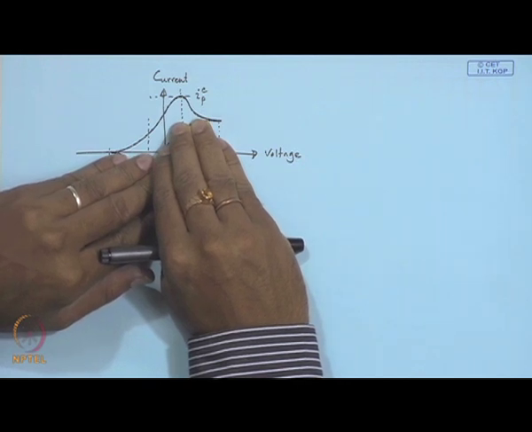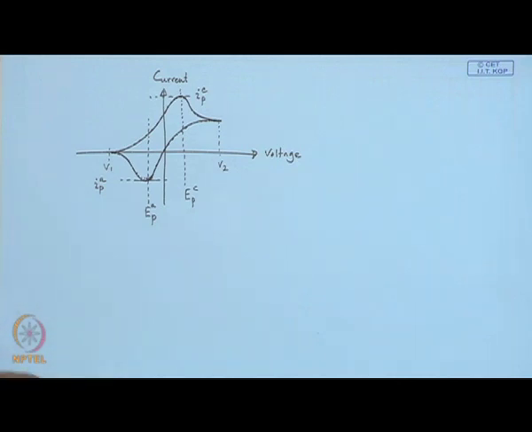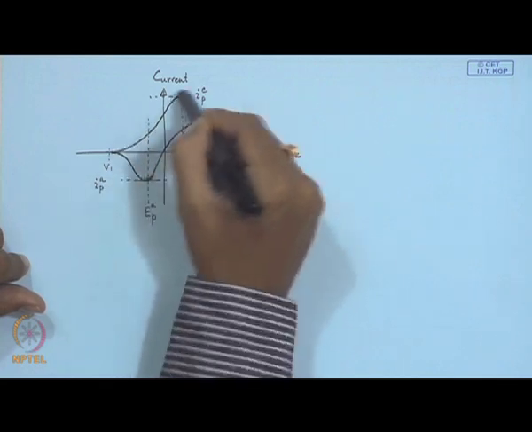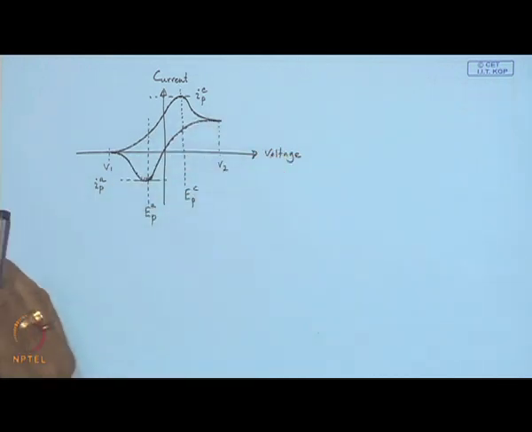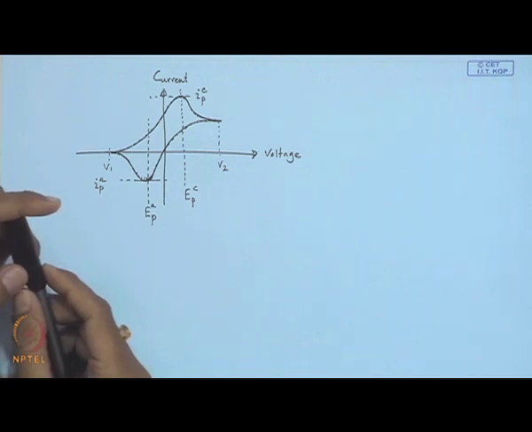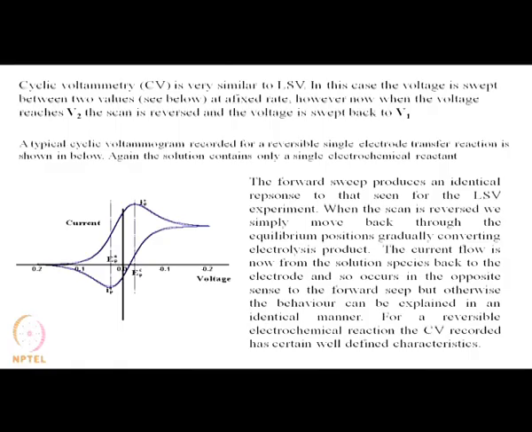So when the scan is reversed, we simply move back through the equilibrium position, gradually converting the electrolysis product. Whatever reaction has taken place in this direction is reversed. The current flow is now from the solution species back to the electrode.